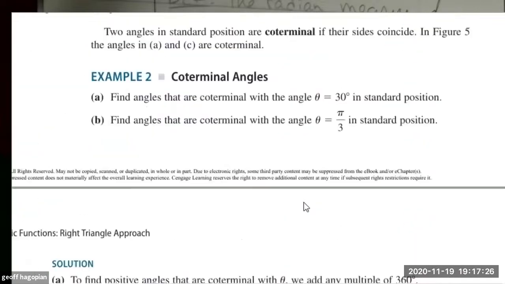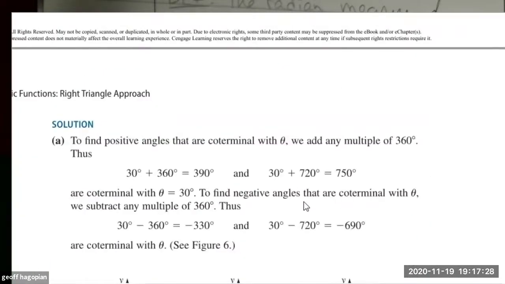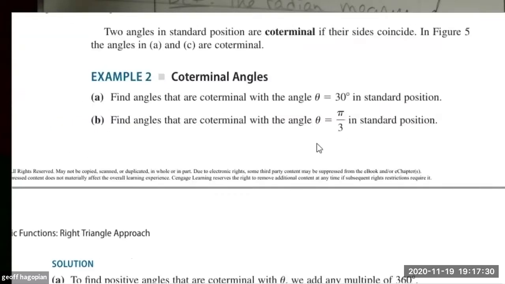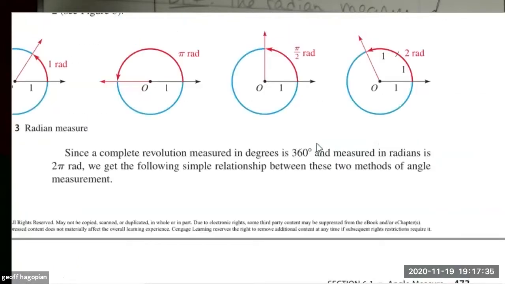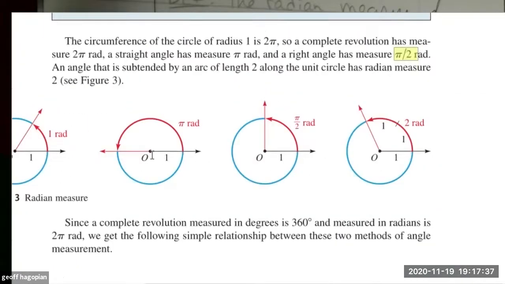Okay. Yeah. So the idea is that, when they're talking about up here, the radian measure of 180 degrees is pi radians.